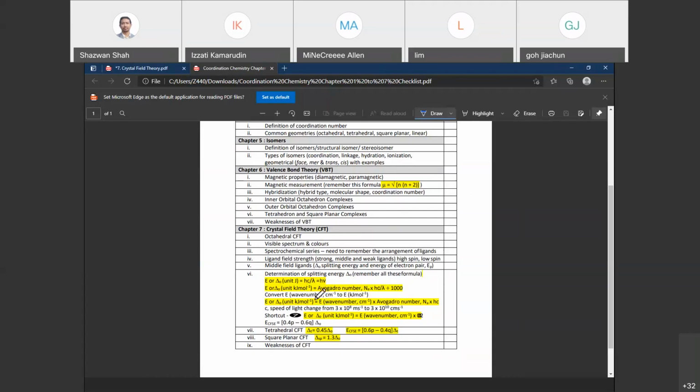And sometimes they may give you the energy unit in wave number, which is centimeter to the power of -1. The one that I highlighted in yellow is very important because you should be able to do the conversion. Some questions ask you to give the answer in wave number, while others ask you to give the answer in kilojoule per mole. So you should be able to convert these units.